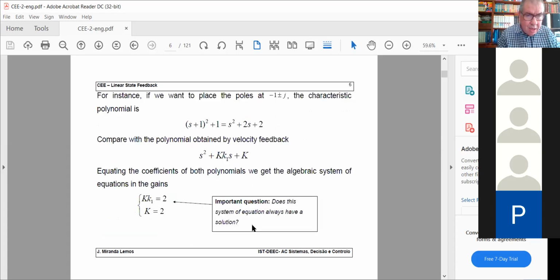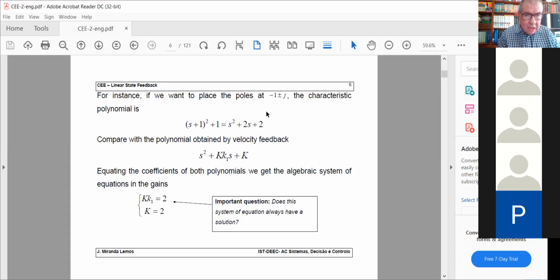And I equate it with this, sorry, that's my AK, and I equate it with alpha. So I want the coefficients of my AK here in the second line to be equal to the alpha. The alpha polynomial is a polynomial with roots at -1 plus or minus j.